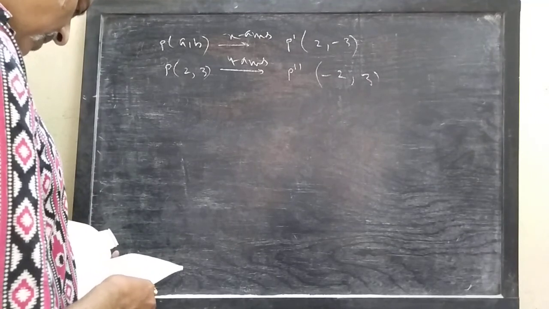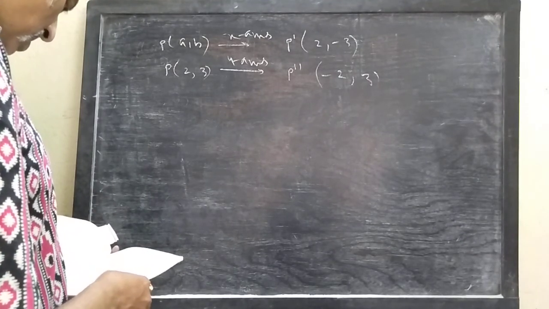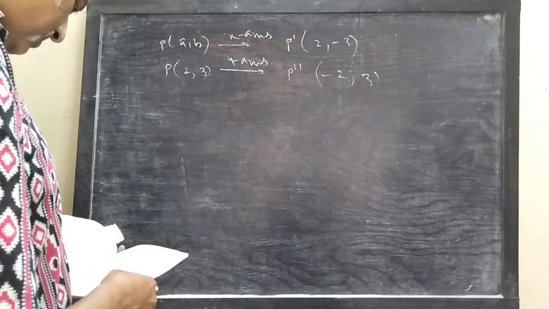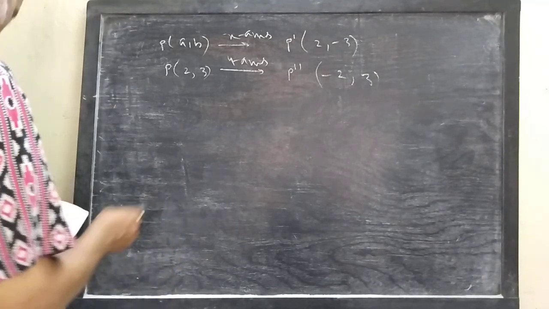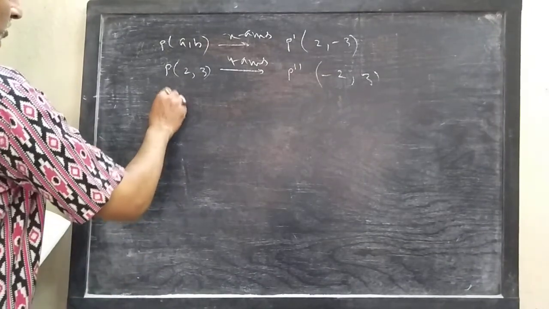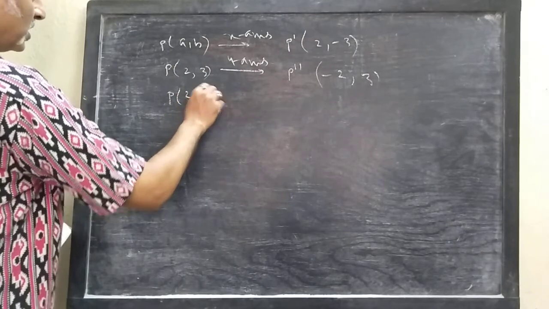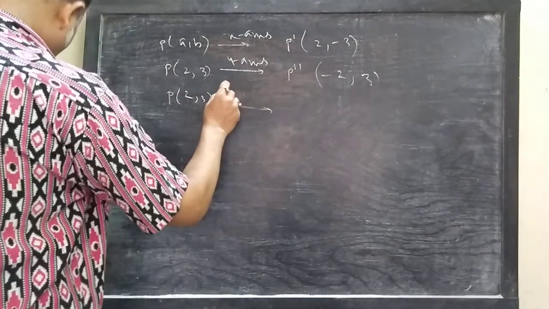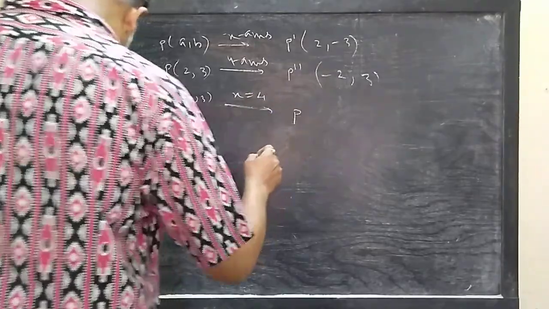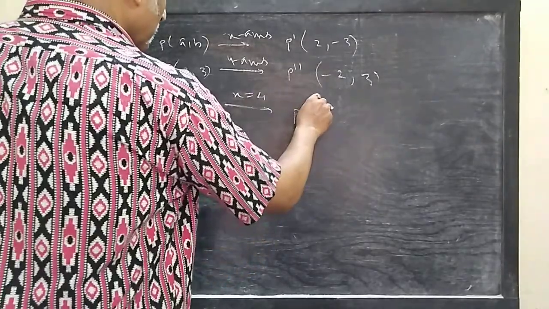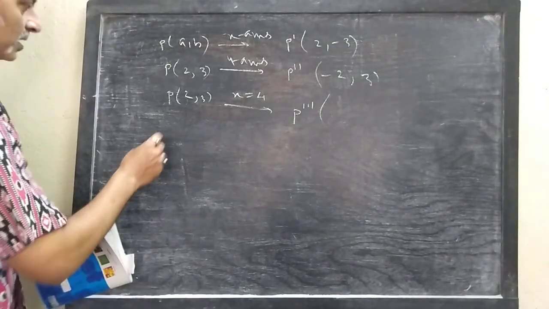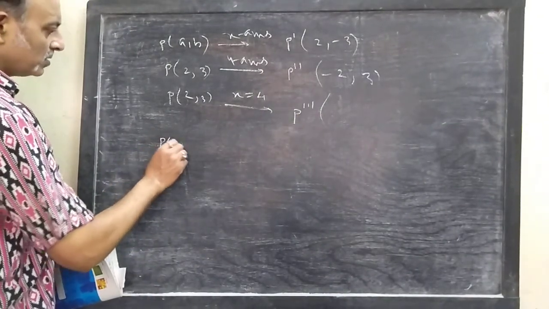Next they have asked, find the coordinates of P triple dash when P is reflected in the line parallel to the y-axis, which is x equals 4. P (2, 3) when reflected in the line x equals 4 goes to P triple dash. Now recall the formula.